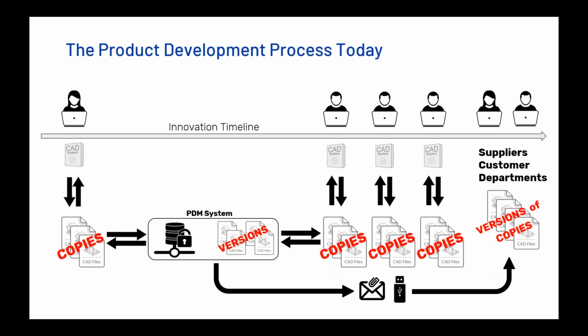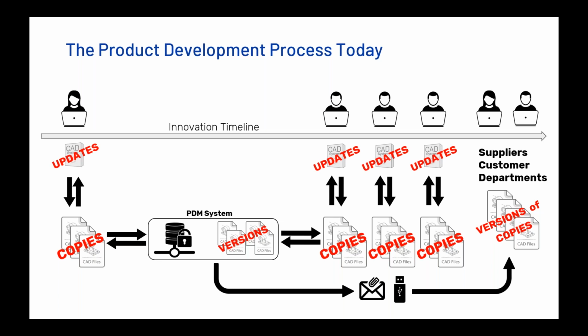And I've actually worked with customers where they've actually manufactured parts that turned out to be scrap because they manufactured to the wrong version of a paper print, or somebody had made a change to a drawing that didn't get reflected in the model, and vice versa. And so that causes a lot of problems today.